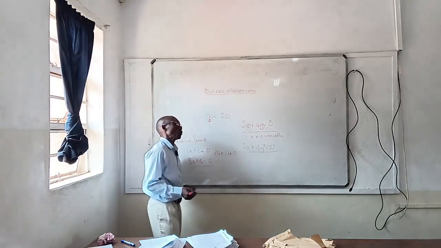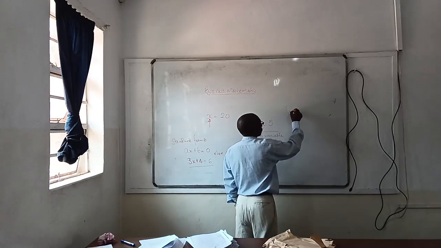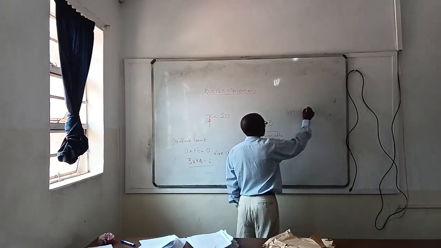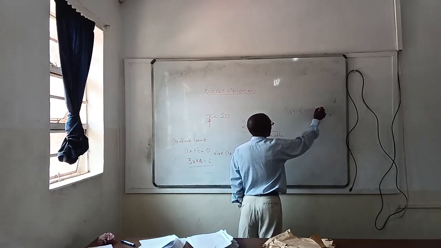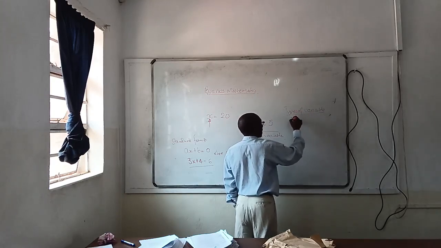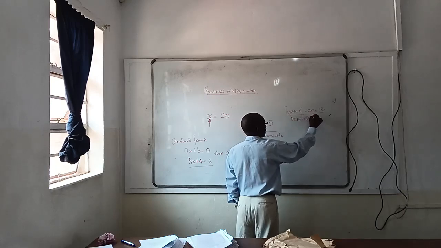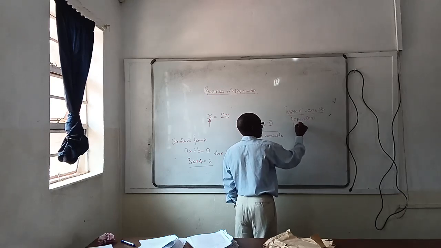We have got two types of variables, what is called dependent variable and independent variable.